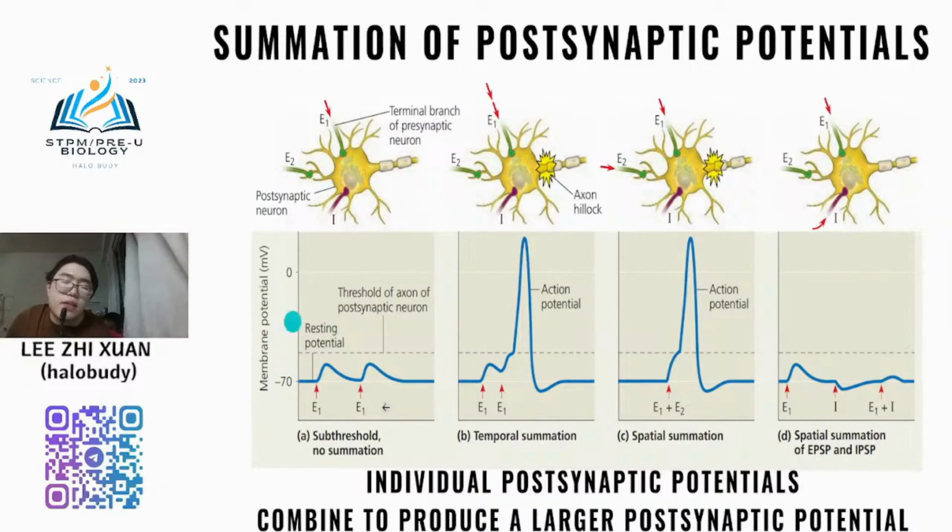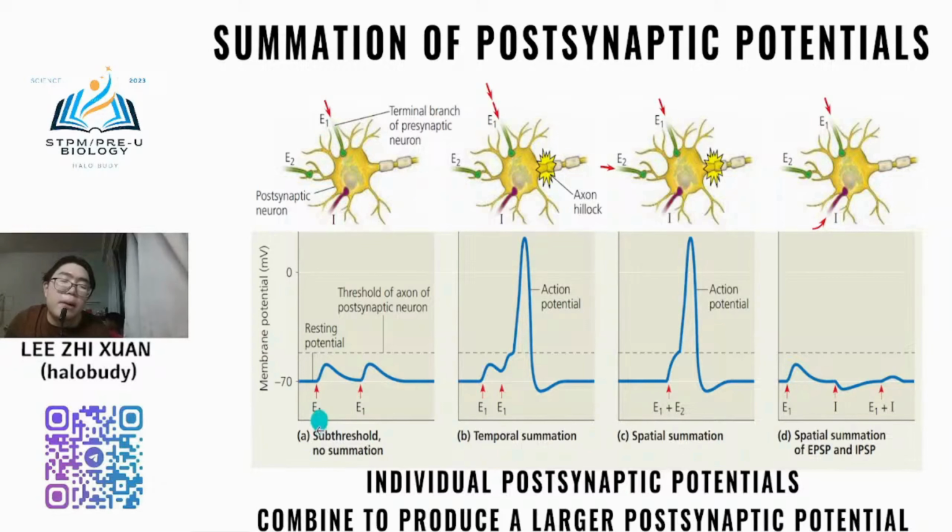You will see this first situation, no summation, meaning that the impulse from E1 and E2 is different. It is only from E1, meaning that the nerve impulse is only coming from this first part only. The other dendrite does not receive any impulse, only E1 receives impulse, and the impulse is received at separate times.